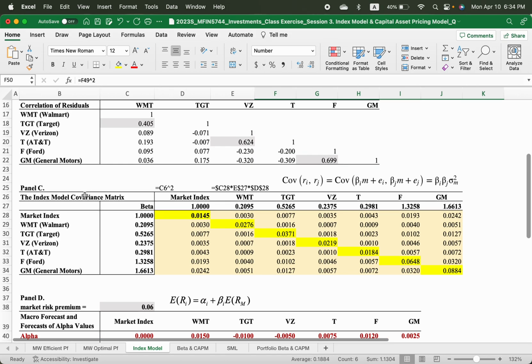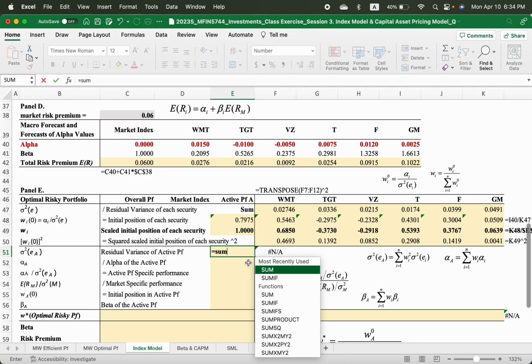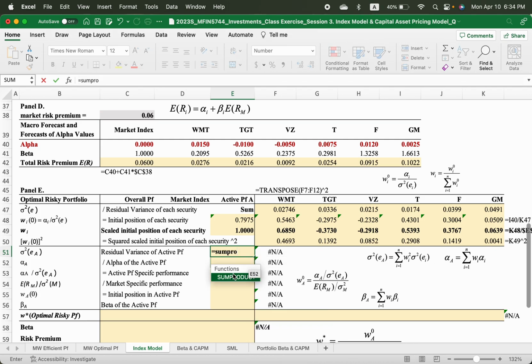Now, the variance of the active portfolio, how do you get this? Now we can use just SUMPRODUCT, right? This residual variance of the active portfolio, we can calculate with SUMPRODUCT.